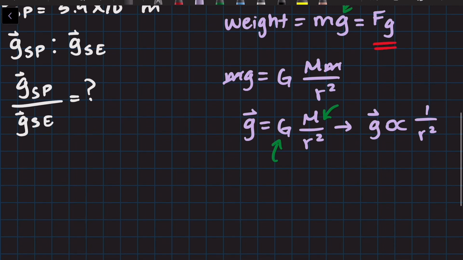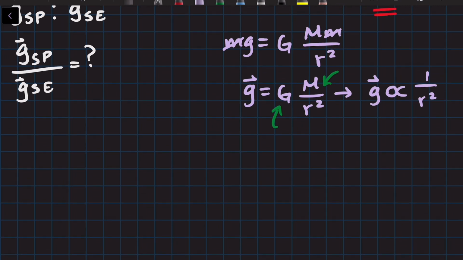Okay. So capital M is going to represent the mass of the sun. So for gravitational field, we're going to use this formula here. The gravitational field of sun and Pluto is going to be capital G, mass of the sun, divided by the distance between the sun and Pluto squared.